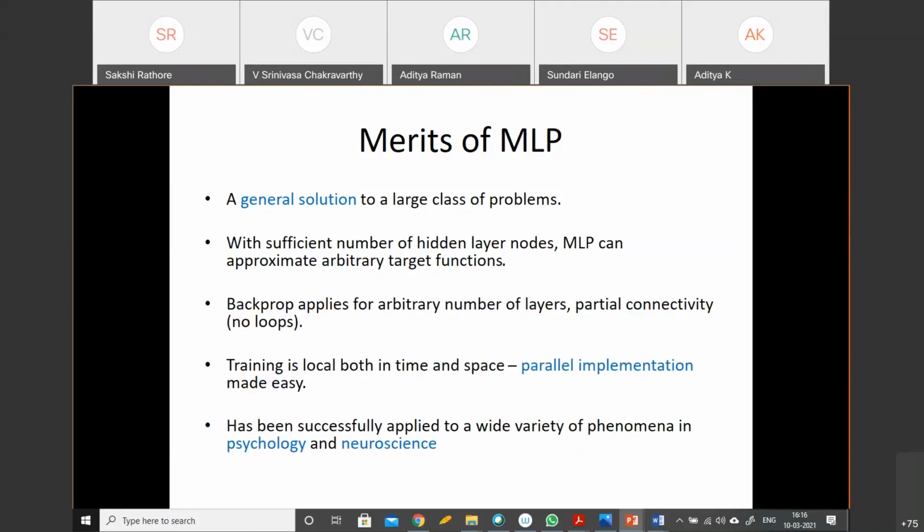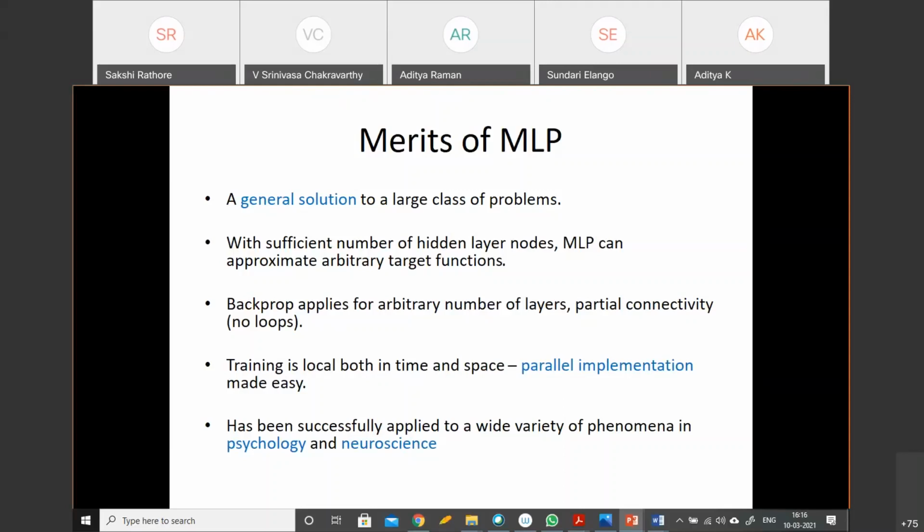The weight goes from one neuron to another, not in the backward direction. So if you traverse the network by following the weights, you should not be able to come back to where you started. That means there are no loops in the network. That's the only condition we need. If the network satisfies that condition, you can apply the backprop algorithm to train it.